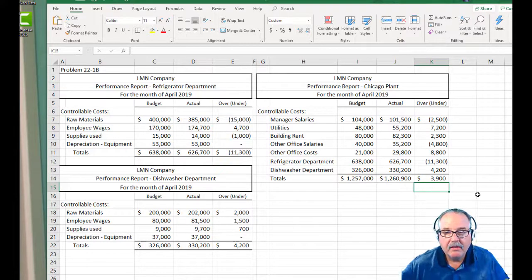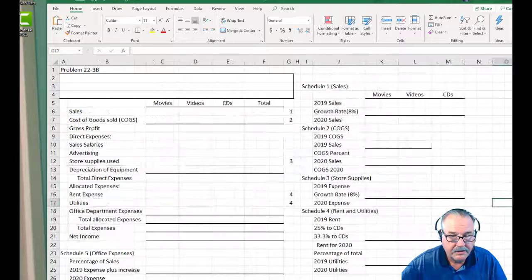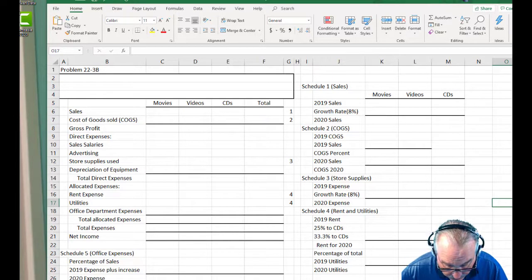This is just a matter of taking the information from the book, scheduling it out, the budget versus the actual. Now, the last problem I want to do is a situation where we have a company that is considering adding a department.